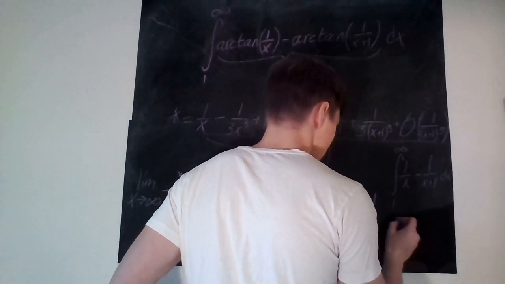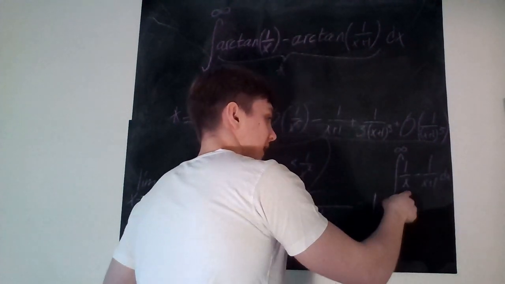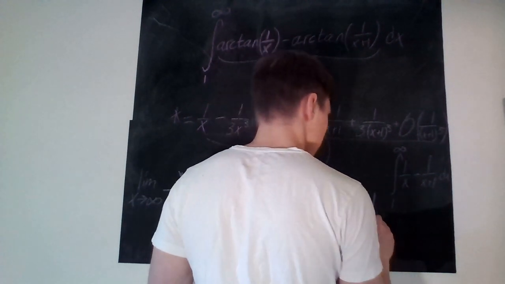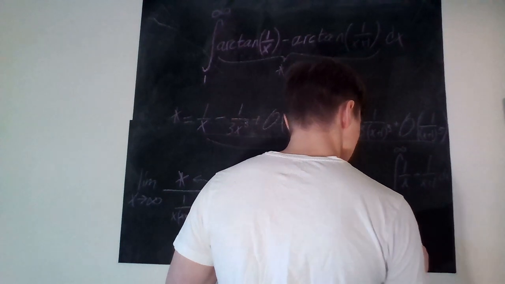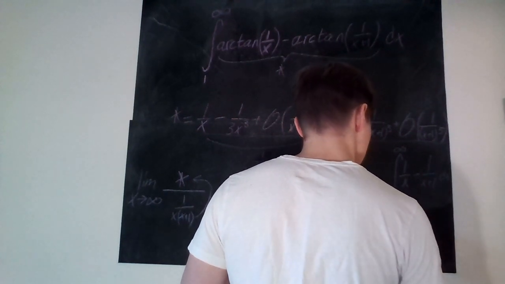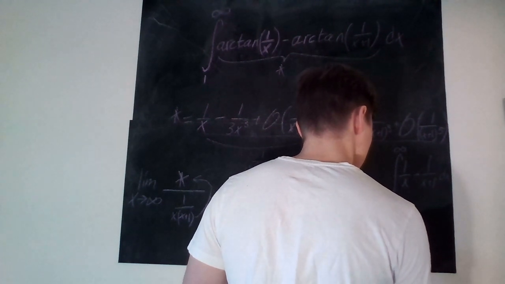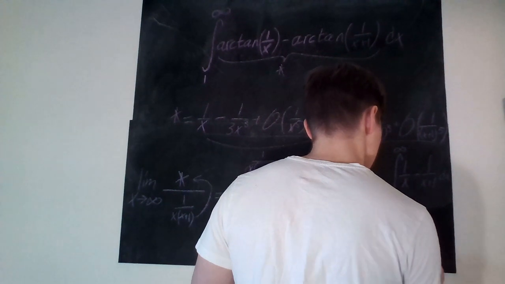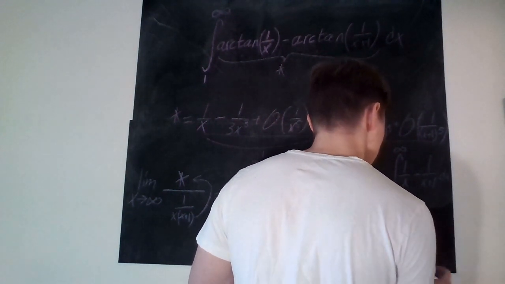Or you could use the other thing, so then the integral of this is ln x minus ln x plus 1, which is the same thing as ln of x over x plus 1 from 1 to infinity.